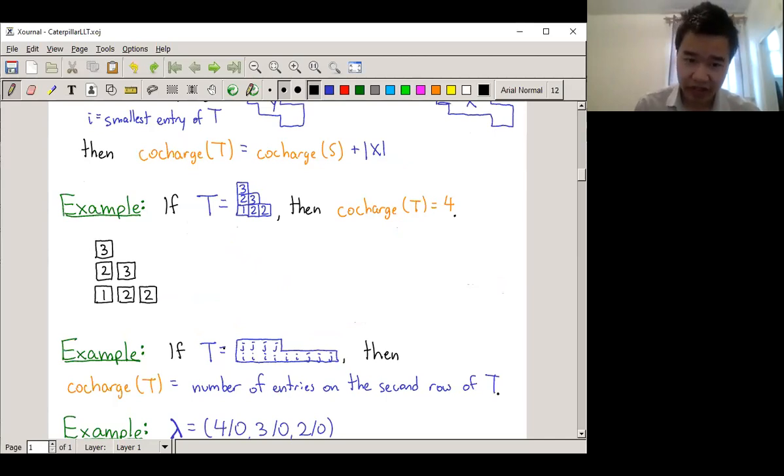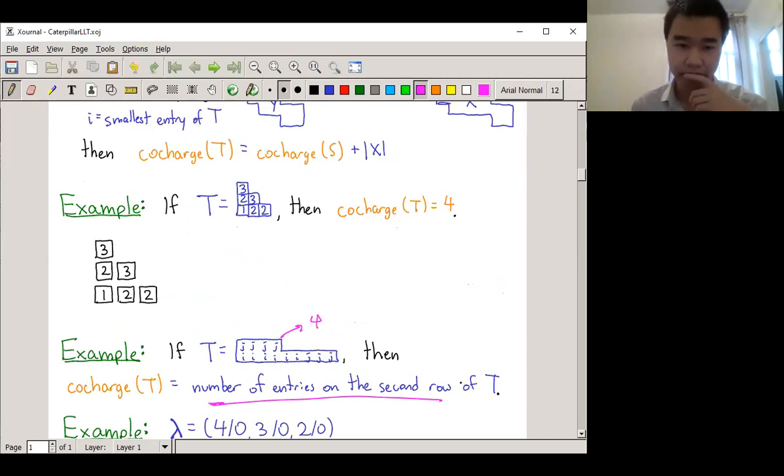In particular, this example here I think is sort of useful. If I happen to have a tableau with only two different entries, only i's and j's, then co-charge is just the number of entries on the second row. So in this case, co-charge would be 4. I think this gives us a bit of an idea of what I mean when I say co-charge measures how much there are numbers on top of other numbers.